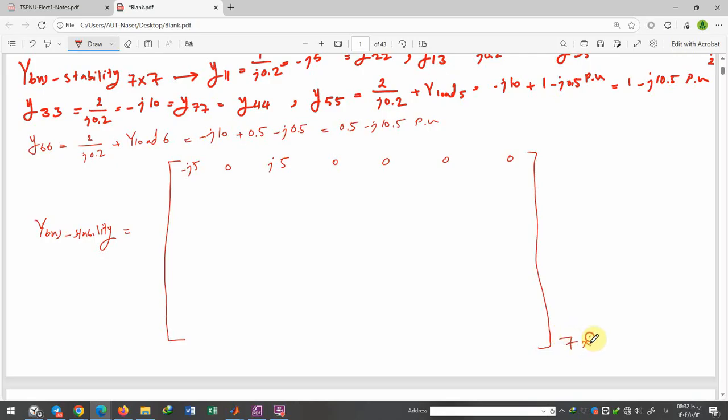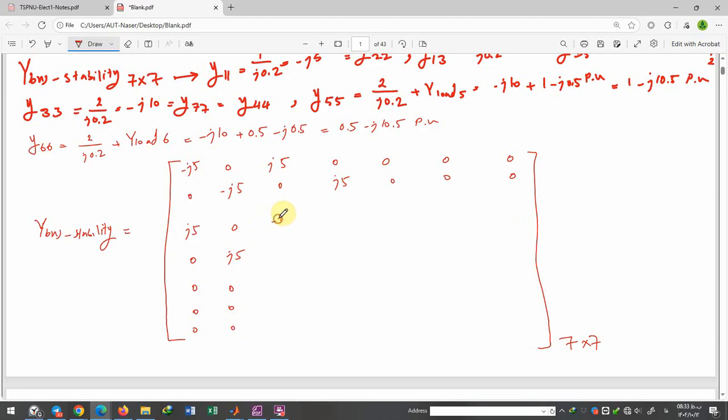The dimension is 7 by 7. After that we write 0, j5, 0 0 0 0. Y22 is minus j5, 0, j5, 0 0 0. Another row is 0 j5, 0.